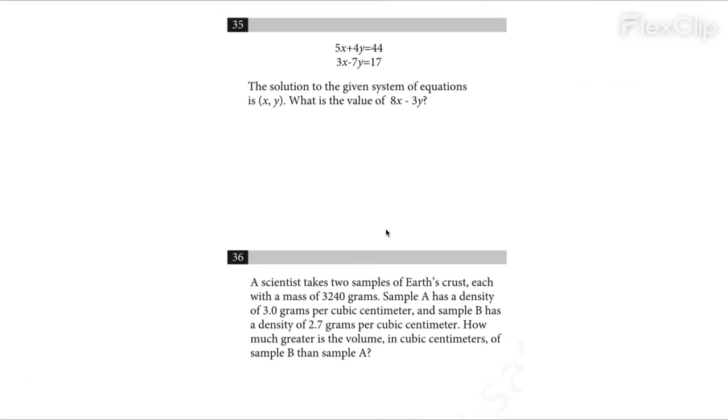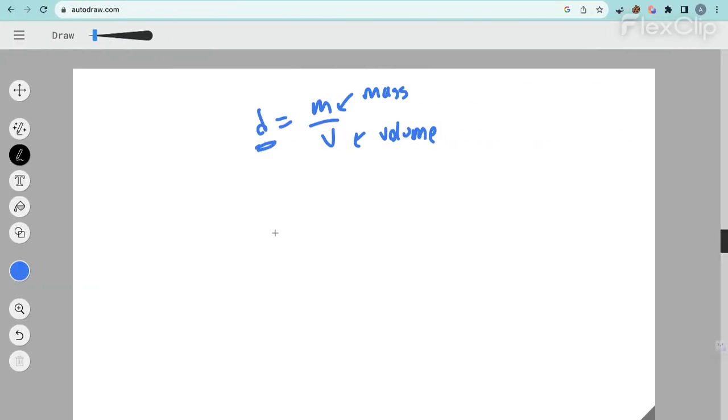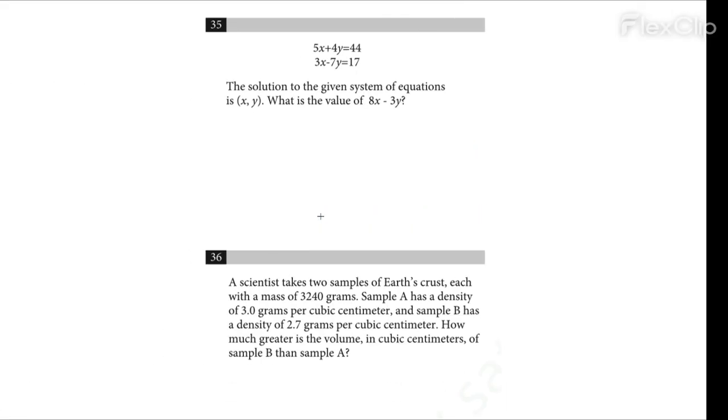In this problem, we're given 2 of the values. We know the mass for both of the substances because it's the same, and we also know the density. Always, always, always, if you have an equation with different variables and you know all of the variables except for one, you can use algebra to find the last one. So for this one, we know the density for the first one is 3.0.